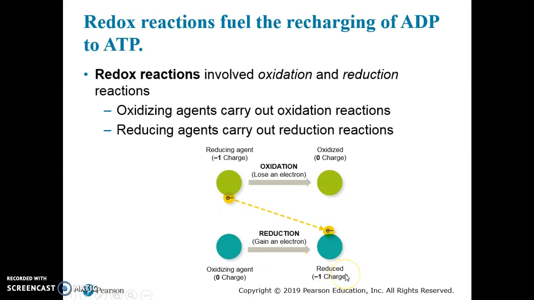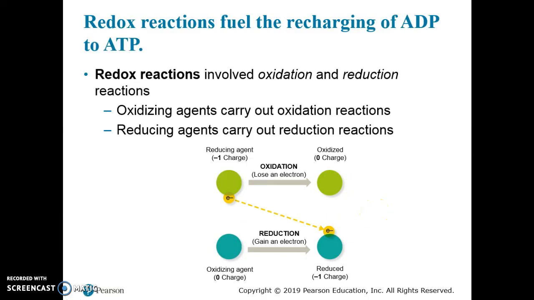In this case, you have an oxidizing agent that is able to accept this electron, so it gains an electron and it is reduced. So why is it reduced even though something was added to it? Well, the overall charge is reduced. It went from a neutral charge to a negative charge, because the electron has a negative charge. Generally you don't just have oxidation and that's it, because then you would have floating electrons in cells, and that's extra energy basically.